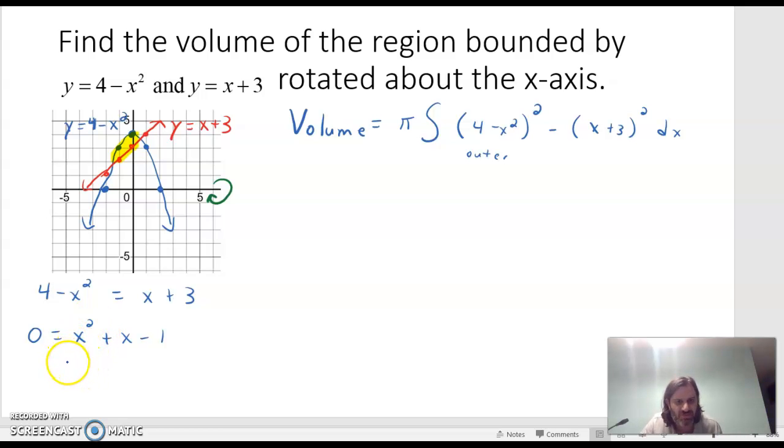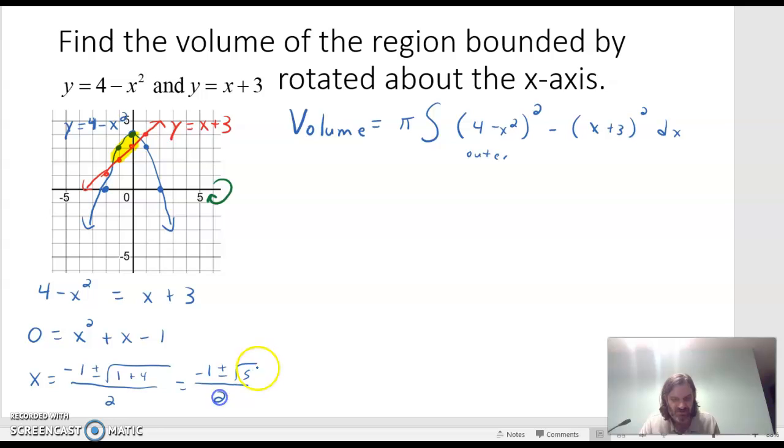I don't think that thing factors, so let's use the quadratic formula: x equals negative b plus or minus the square root of b squared minus 4ac, so that'll be plus 4, all over 2a. I probably should have worked this a long time ago before we got here. So I get negative 1 plus or minus the square root of 5, over 2.